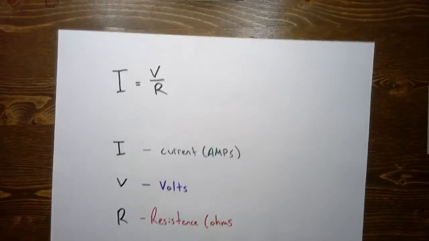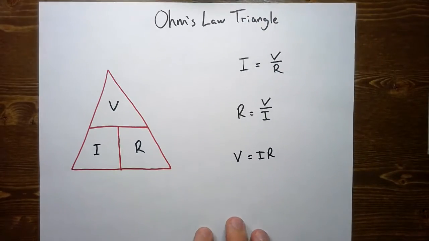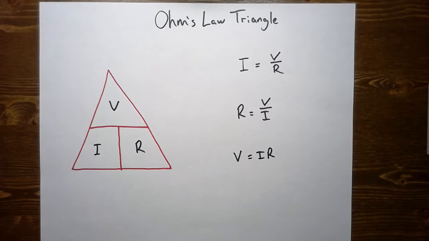The easiest way that I found to show how to use these is Ohm's law triangle. You put the V up top and the I and the R in the bottom. If I'm looking for a certain value, I cover that with my thumb, and it gives you the equation.